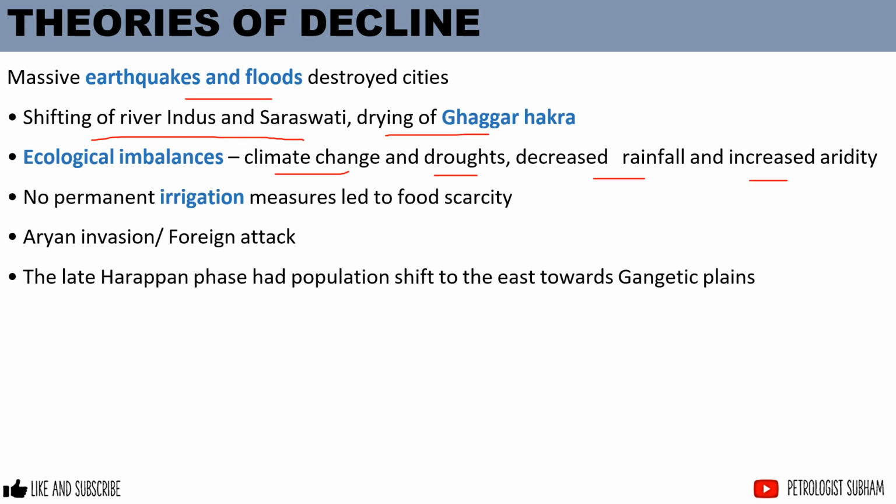Arid means the climate of a desert. No permanent irrigation measures led to food scarcity. Aryan invasion, maybe, maybe not. The late Harappan phase had a population shift eastward towards the Gangetic plains. It can be seen that most of the Harappan people may have shifted towards the Gangetic plains.